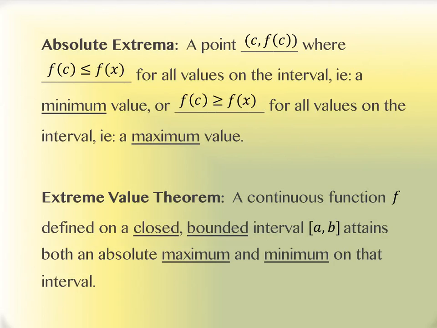So what in the world could we use to describe something that really is the biggest or the smallest? We use the word absolute, the absolute extrema. So a point is the absolute maximum if it's the biggest point on the entire graph or on the graph's interval that you're looking at. A graph has an absolute minimum if you're looking at the very smallest point on the graph.